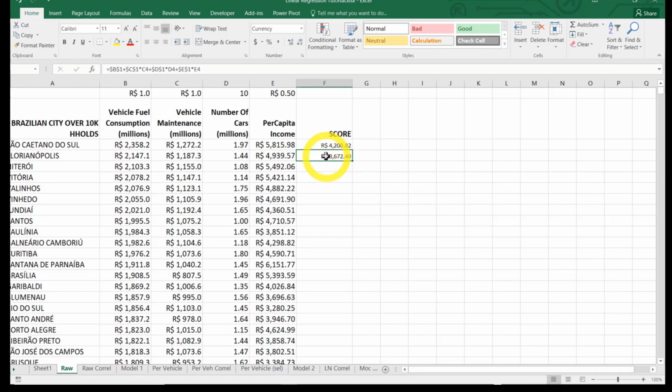So the score for the second city would be equal to B1, that's where my intercept is, plus C1, which is where my coefficient for vehicle maintenance is, times C4, right? Let me put it there. So I'm multiplying C1 times C4 plus D1 times D4 plus E1 times E4 plus the intercept. That's what we have here. Now I can copy this formula all the way down because it's holding the weights to the first row.